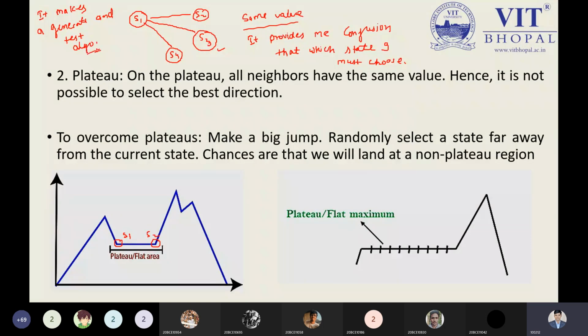From this reason, we use the generate and test algorithm. I'm choosing randomly and trying to get it, so there is a chance that we land on a non-peak region. From this point you can choose any state and then jump to the next state.